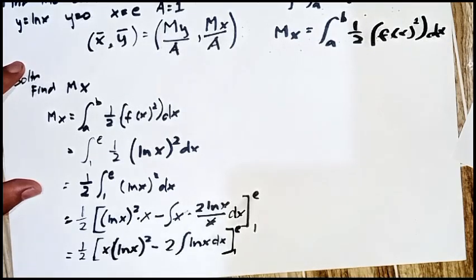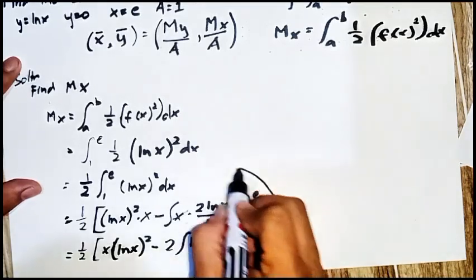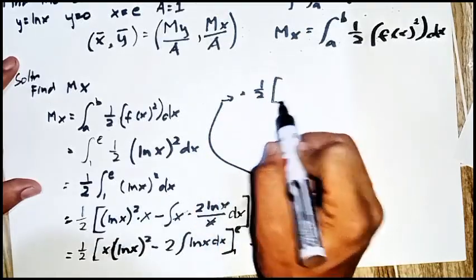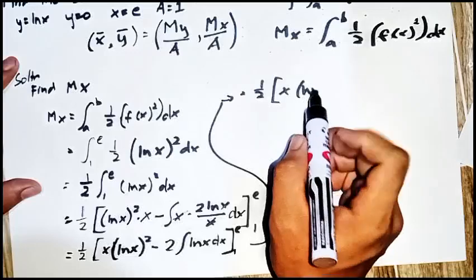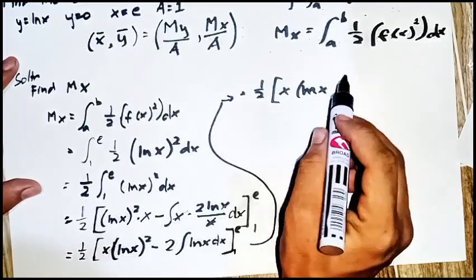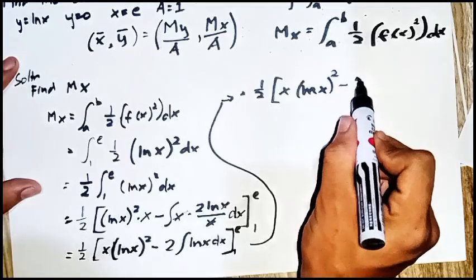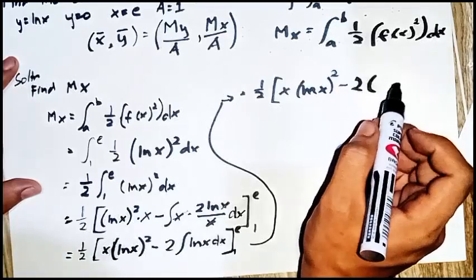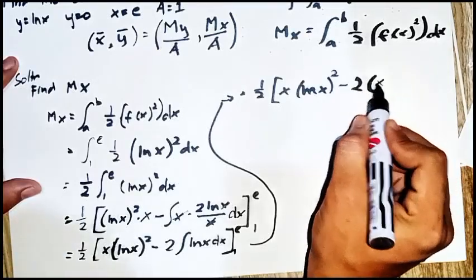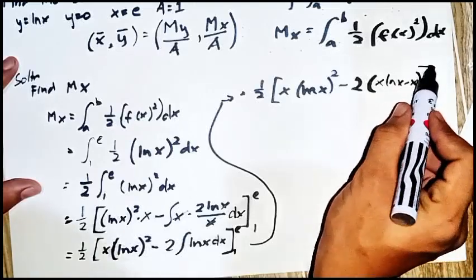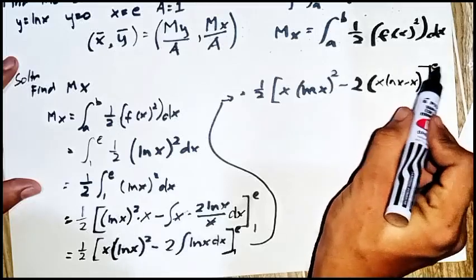Next, let's integrate ln x dx since we already found the integral of that. Copy again the 1/2, x (ln x)^2 minus 2 times the integral of ln x dx, which is x ln x minus x, from 1 to e.